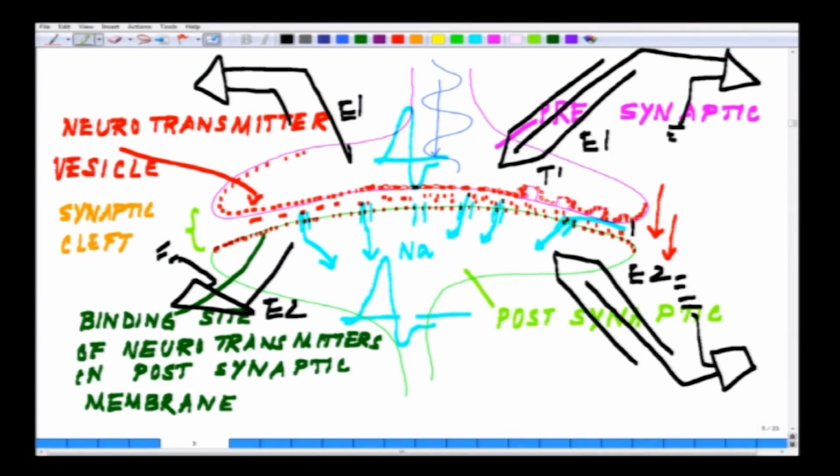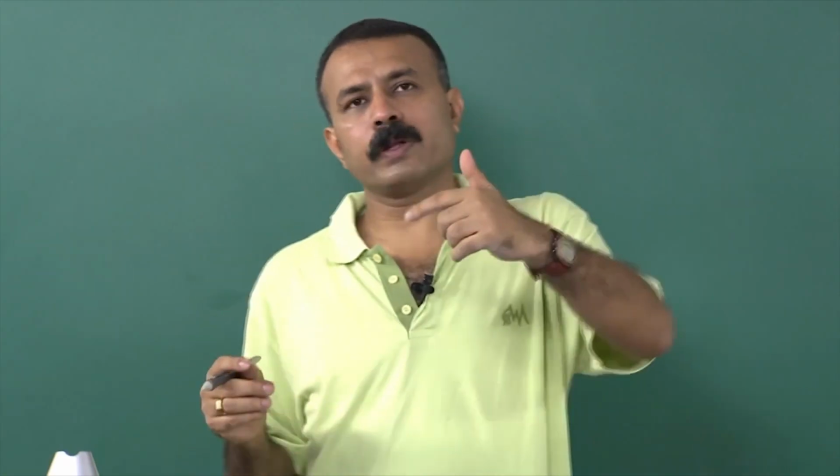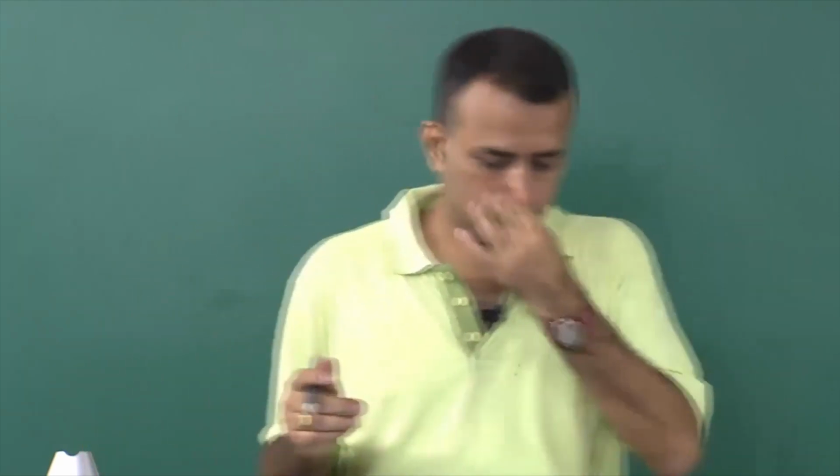There will be a gap while it is crossing the synaptic cleft, this is t2. So, with a delay you will see a change in the membrane voltage of the presynaptic cell and this is the postsynaptic cell.